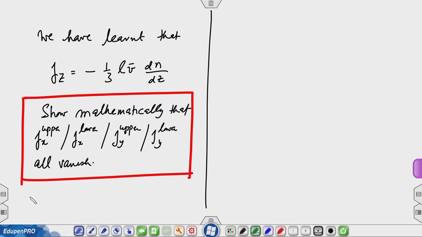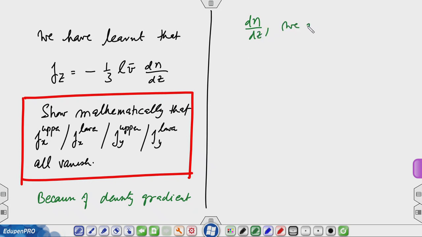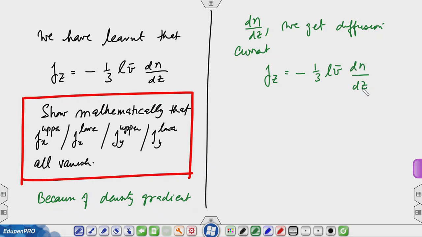So, because of density gradient dN dz, we get diffusion current Jz equals minus 1/3 L V bar dN dz.